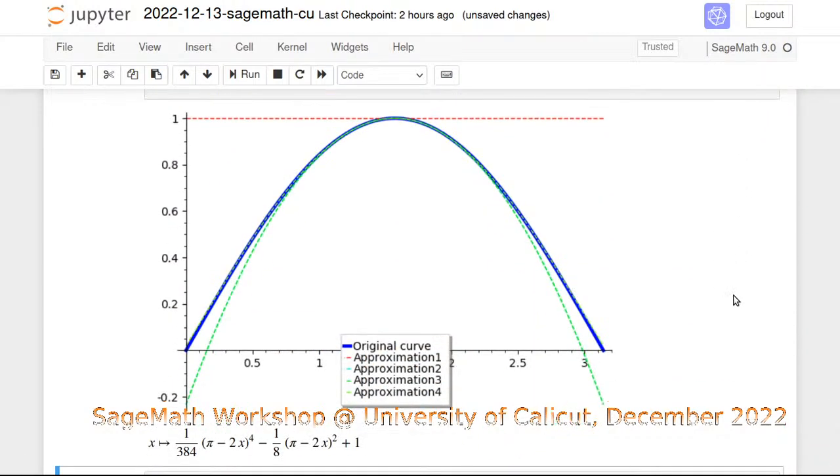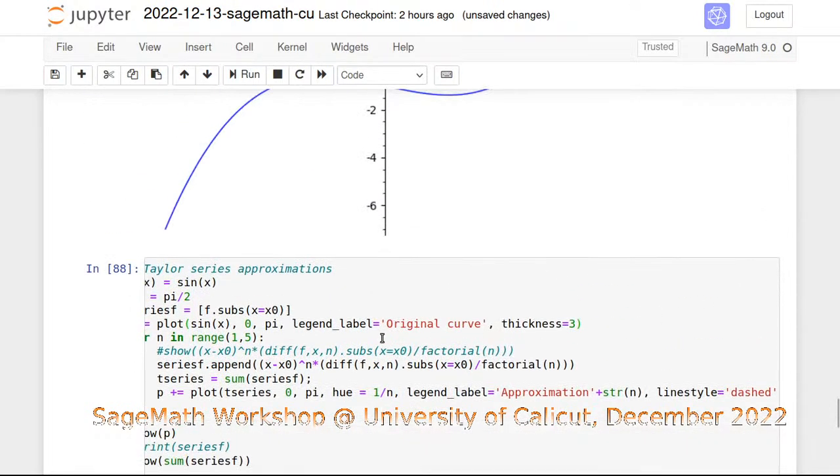I can say that I think the fourth approximation, approximation 4, is almost on the curve. It's almost on the curve.